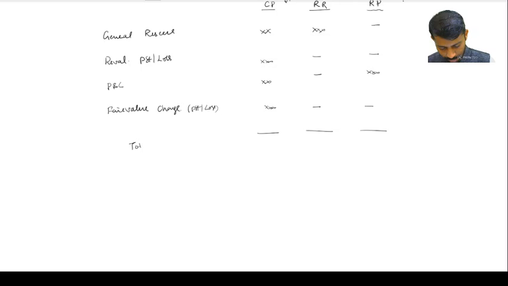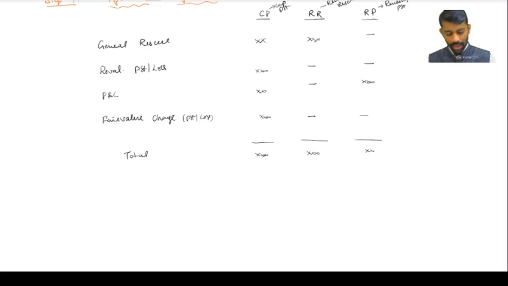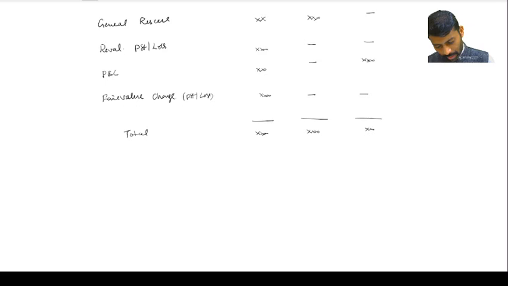Got it? Now, out of this total, you got the total capital profit, total revenue profit, and total revenue reserve. Now, less share of non-controlling interest at their percentage. Suppose 20% is non-controlling interest, means at 20%.